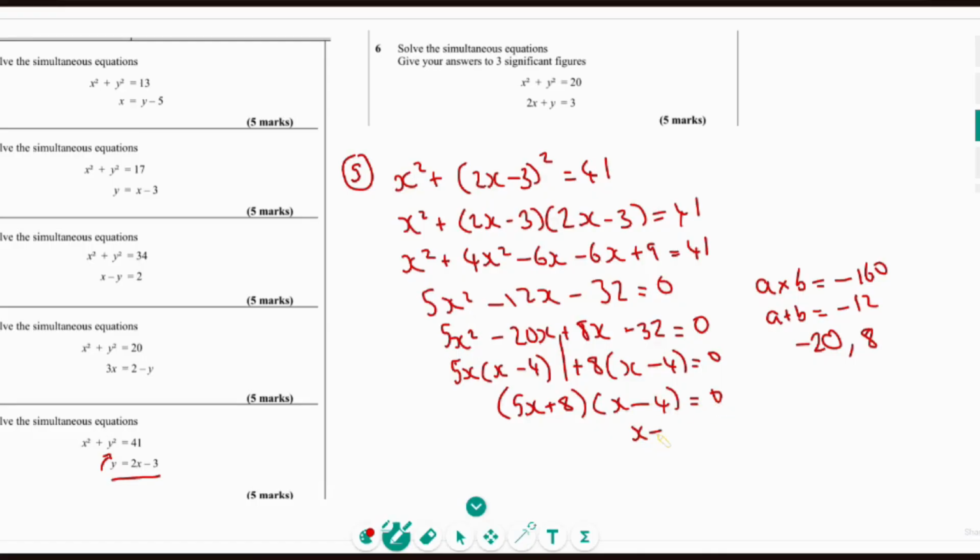In the second bracket here, we've got x is 4. Let's just put the 5x plus 8 equals 0.